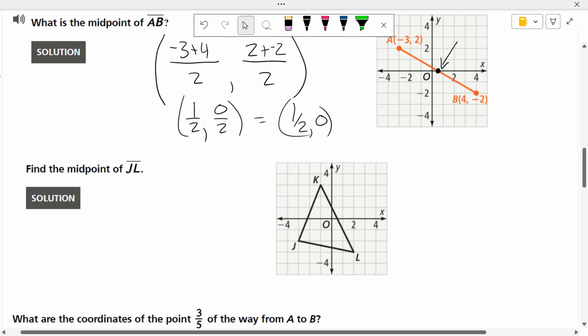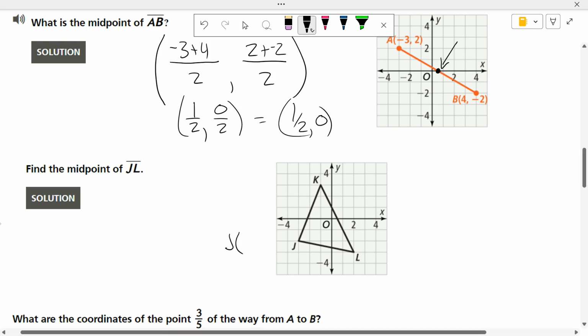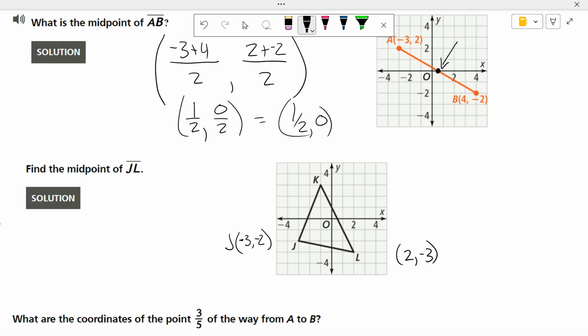JL. One thing they didn't do for this one is they didn't tell us where J is and where L is. They have it on the graph, so we have to write down their ordered pairs. J is at 1, 2, 3 back, 1, 2 down, so it'd be -3, -2. L is 2 over and 3 down, so it'd be 2, -3. Now, we have to find the midpoint of that.